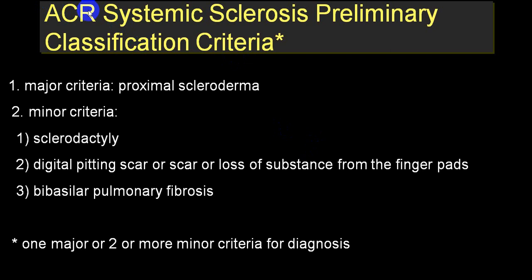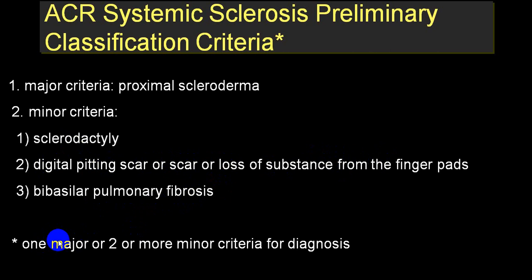ACR definition of systemic sclerosis. So they classify the criteria as major criteria and minor criteria. Major criteria is proximal scleroderma, and minor criteria includes sclerodactyly, digital pitting scar or loss of substance from the finger pads, so it is involvement of the finger, and bibasilar pulmonary fibrosis.